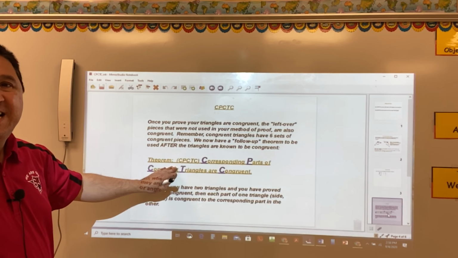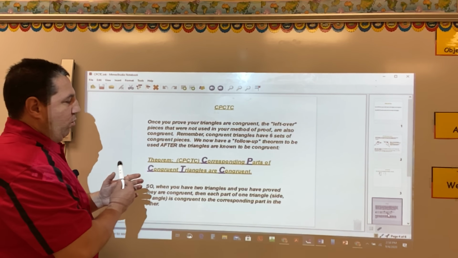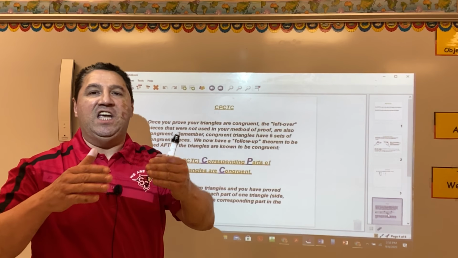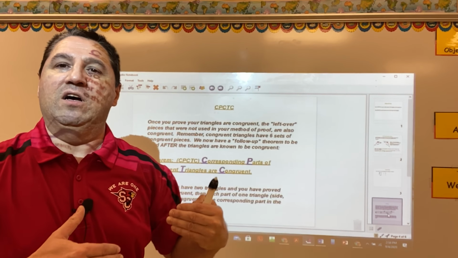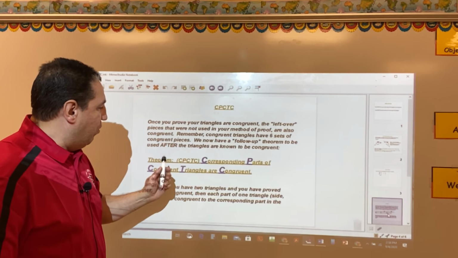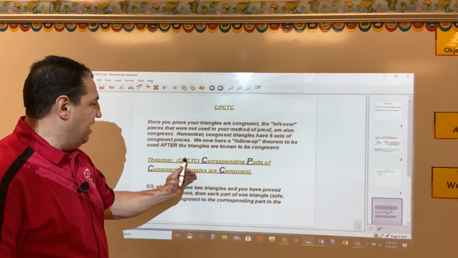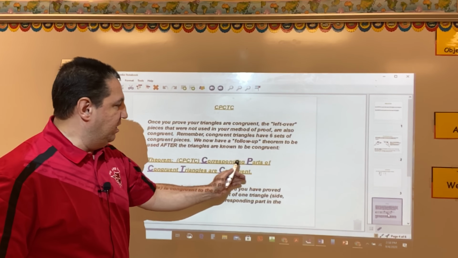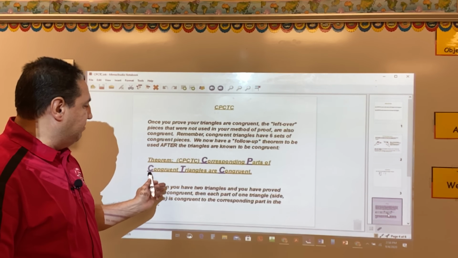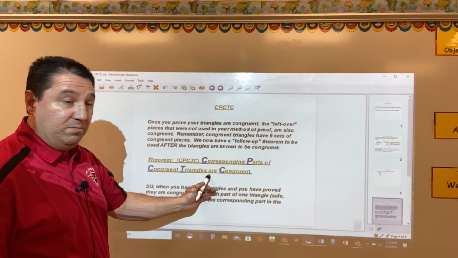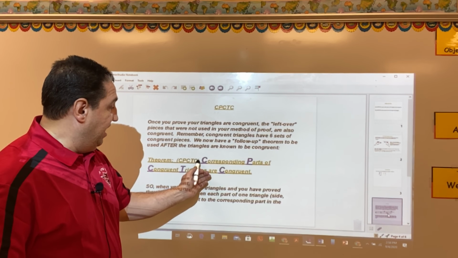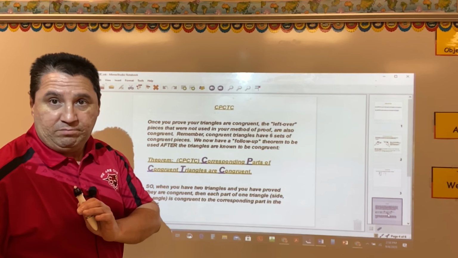It's so-called CPCTC. CPCTC are the initials of some words. The first C comes from corresponding, P comes from parts, C comes from congruent, T comes from triangles, and the last C comes from congruent.